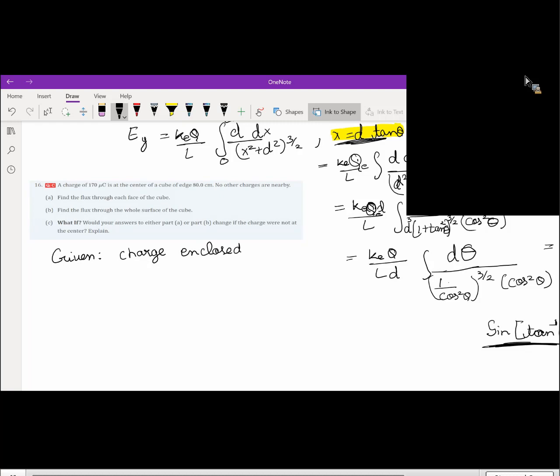Let me emphasize the fact that the charge is completely enclosed in a closed surface. That means according to Gauss's law, if a charge is enclosed in a closed surface, then the flux is given as charge, what is this?